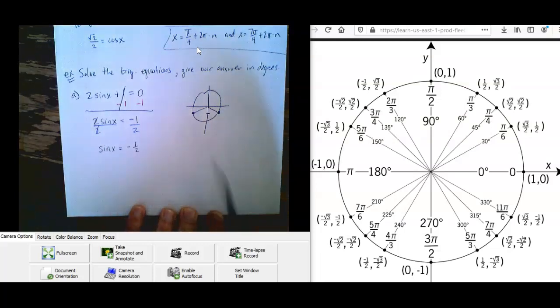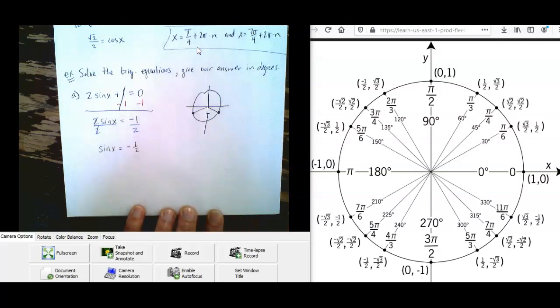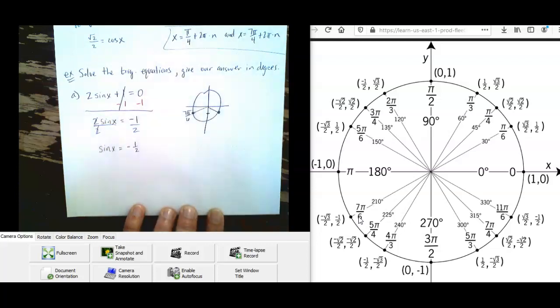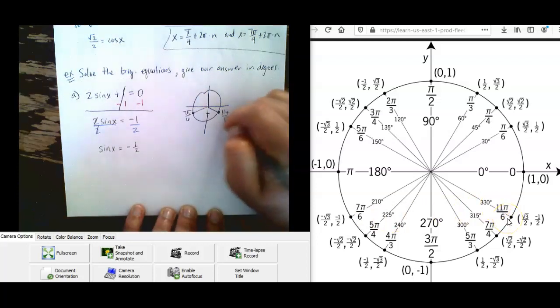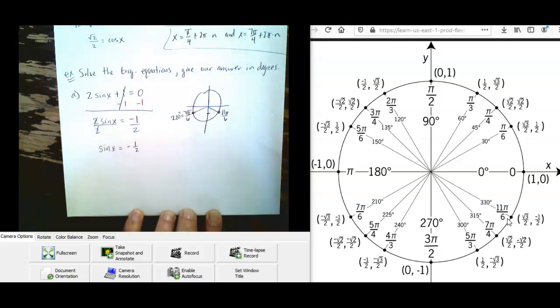Right? These are the angles that are closest to the x-axis, so that would be right there at 7 pi over 6. And over here at 11 pi over 6. We want our angles actually in degrees, so that would be 210 degrees and 330 degrees.